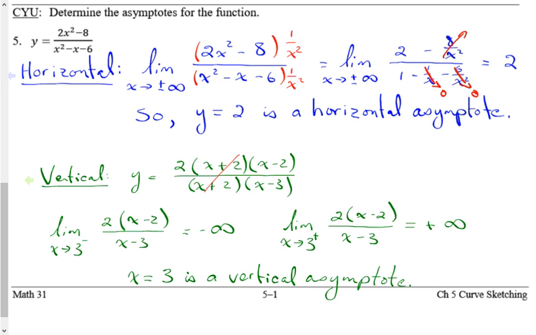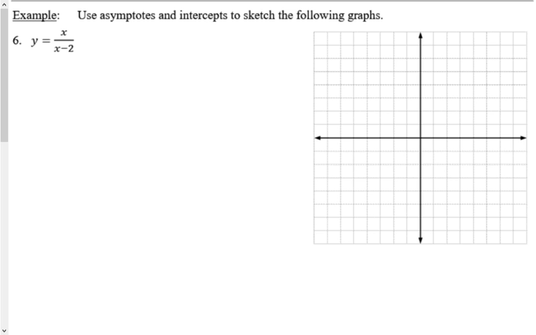All right. So this chapter is all about curve sketching. So we're going to use asymptotes and intercepts to sketch a few graphs. As we move through the chapter, we'll add more and more types of information into our curve sketching process. For now, we'll just look at these two.